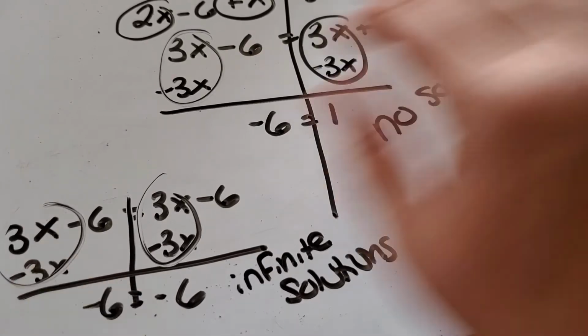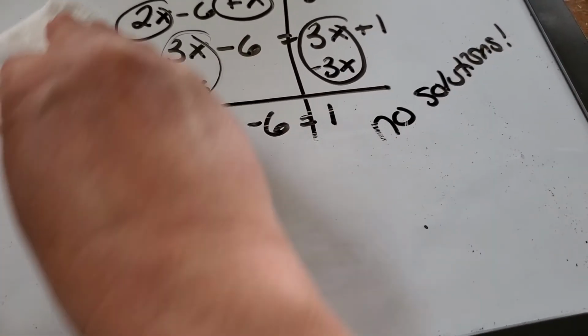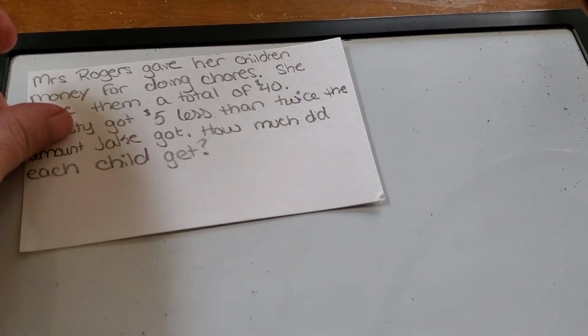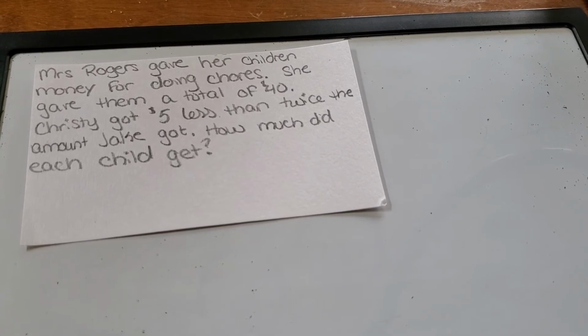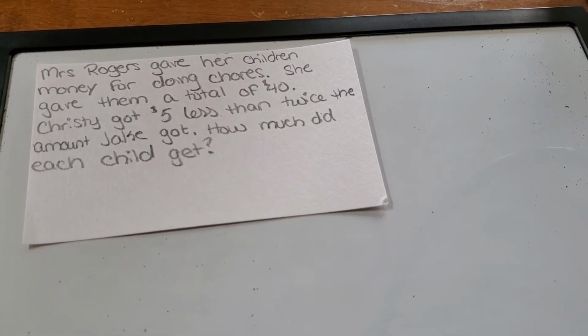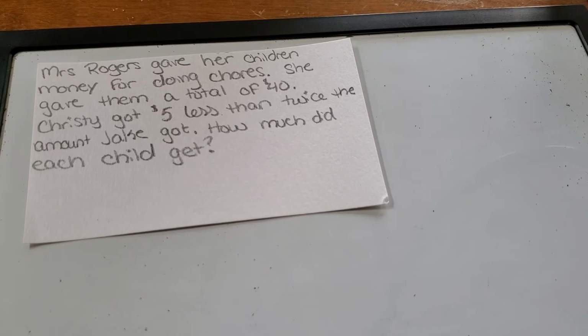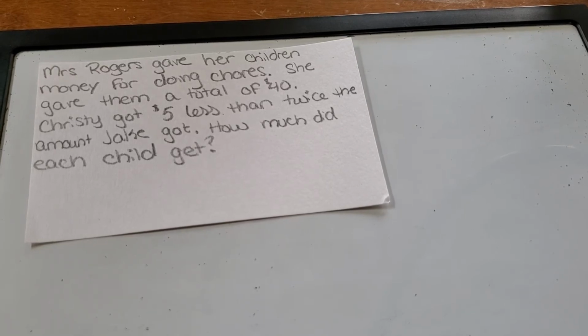All right, so let's do one word problem, and then that will be it for this lesson. So, it says, Mrs. Rogers gave her children money for doing chores. She gave them a total of $40. Christy got 5 less than twice the amount that Jake got.